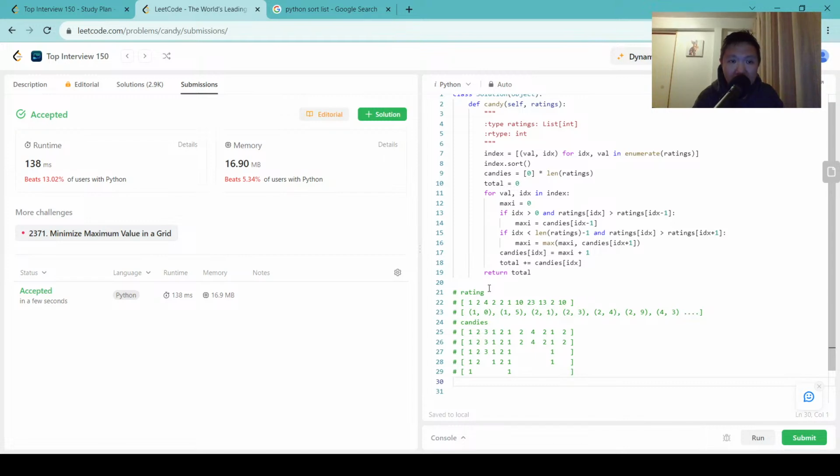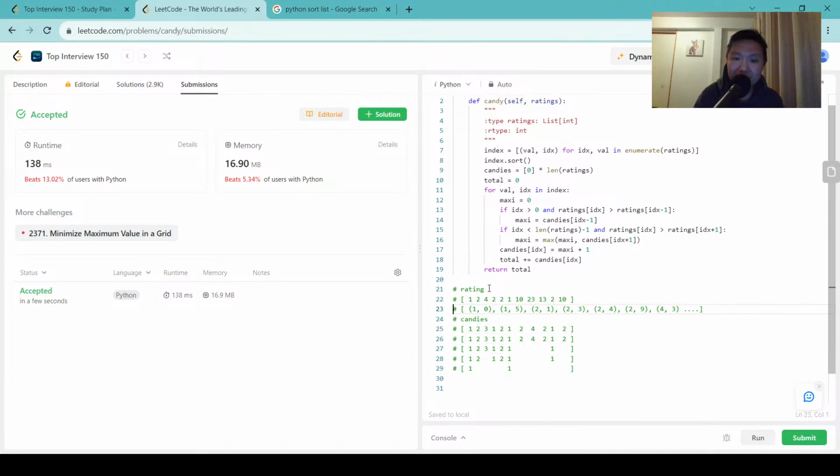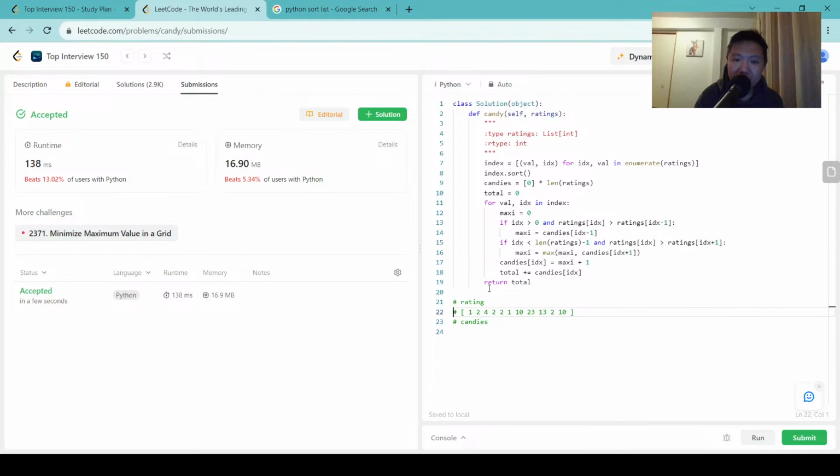Not O(n log n), but O(n). So my idea is as follows. I think there's an O(n) way of doing it. Alright, think about climbing the mountain.